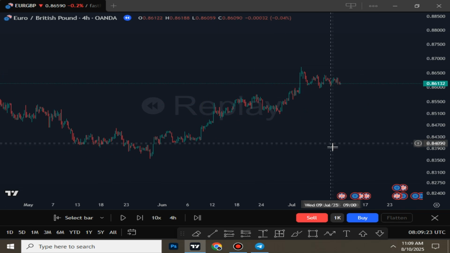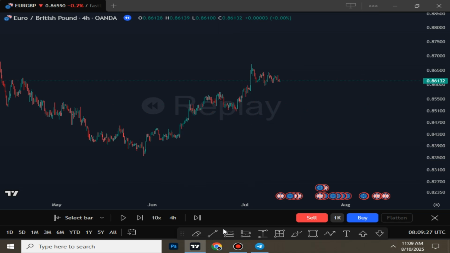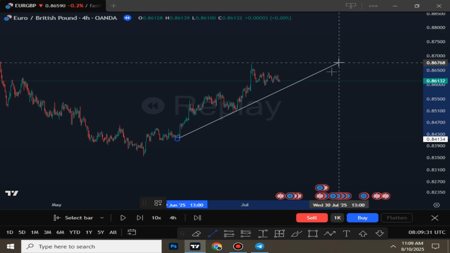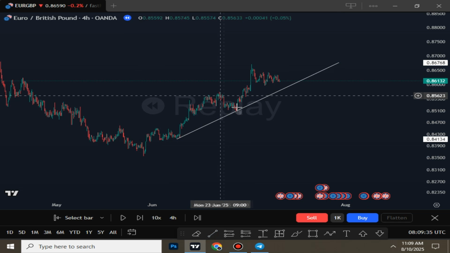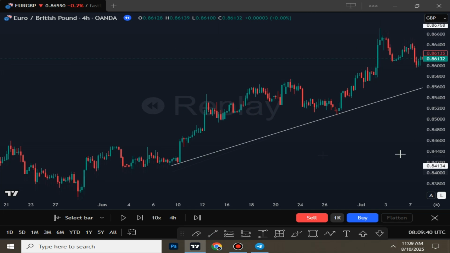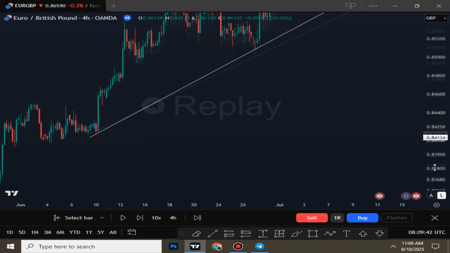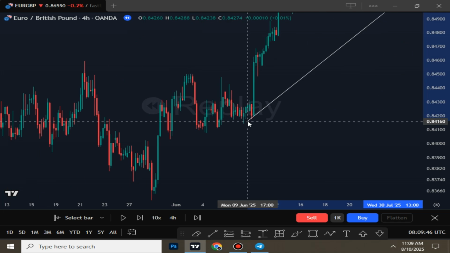Now, when you look at this market, I said look for the last two touches. You can start from this right there, because we had a higher high, higher low, higher high, higher low, something like this. My advice is, once you have your trend line, try to zoom in all the way and make sure that you cater for every candlestick.